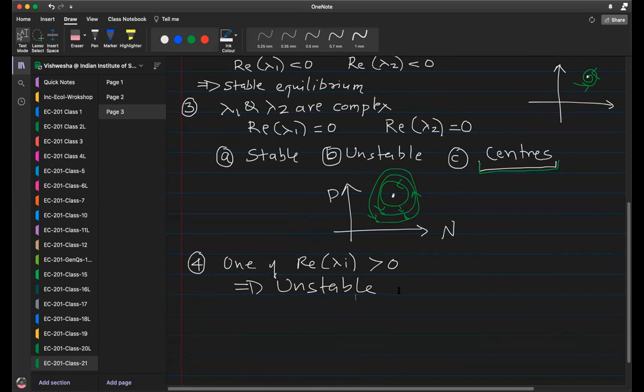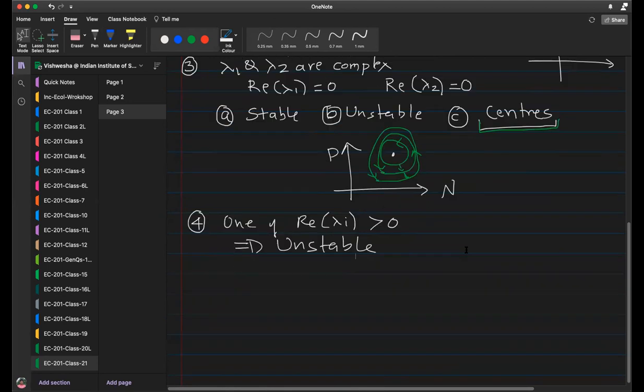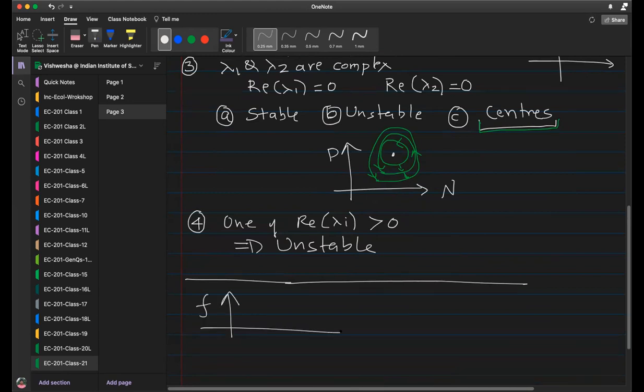Now what is very interesting is the following. Again, let's compare with a one species system. Let's say I plot f as a function of n, where f is the right hand side, the entire growth function. Let's say this looks like this. What is this equilibrium? This is an extinction equilibrium.